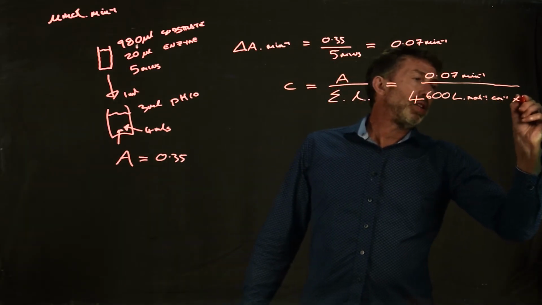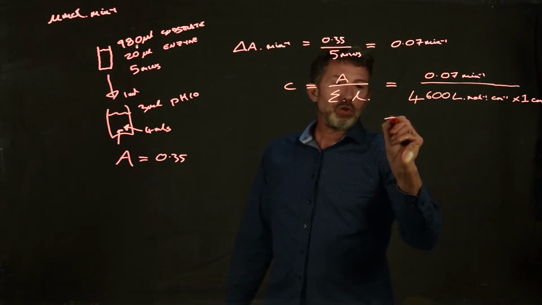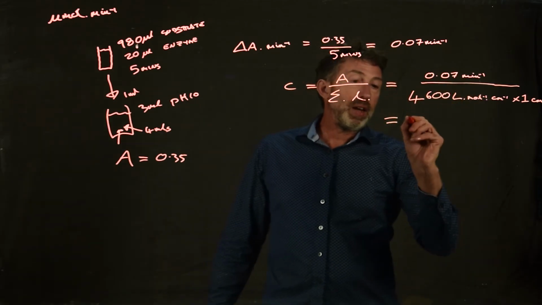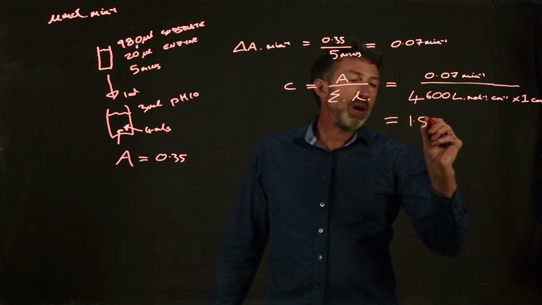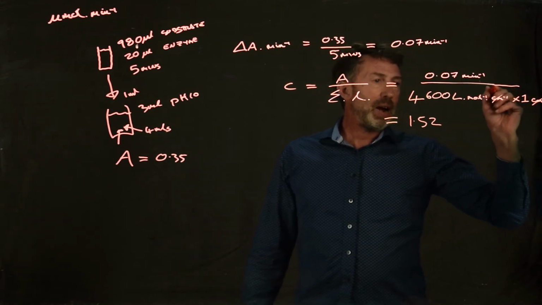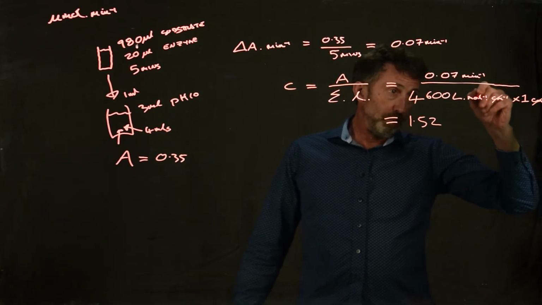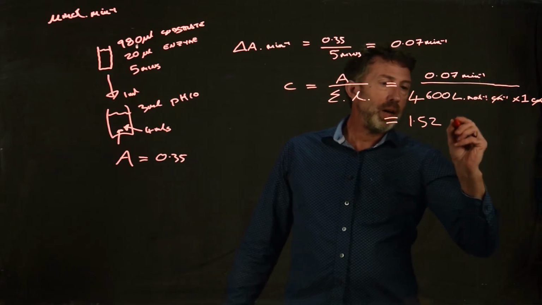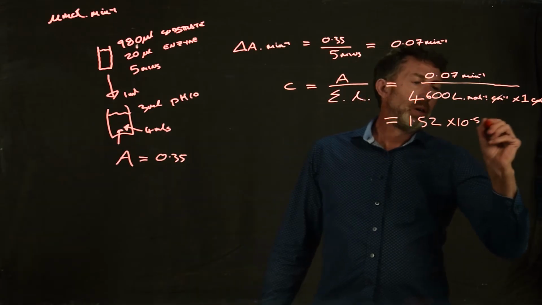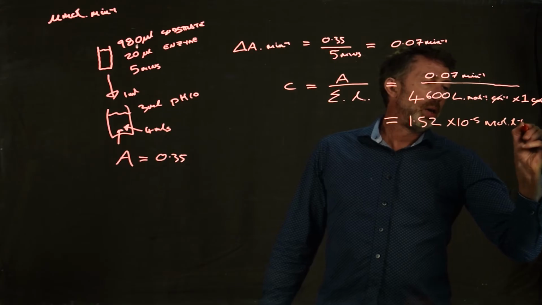Let's say the path length was 1 centimeter. So the concentration change is 1.52, and the centimeters cancel out. The liters becomes per liter, the moles to the -1 become moles. So the answer here is 1.52 times 10 to the -5 moles per liter per minute.